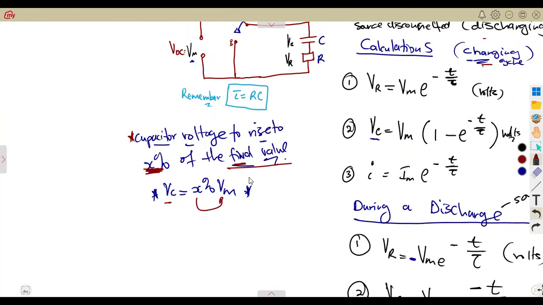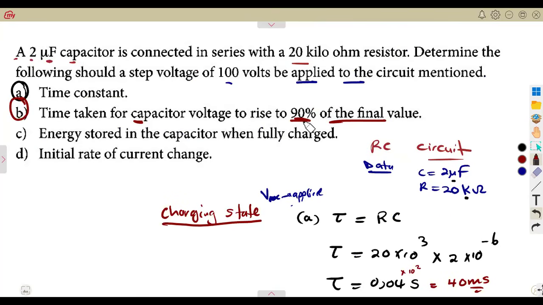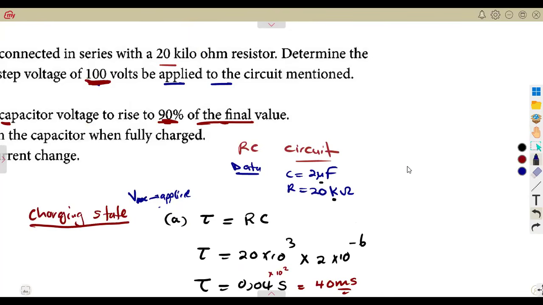At that moment, it is rising to this percentage of the final value, which is the step voltage, the one that is being applied, our VM. That is our maximum voltage that we can have, our VDC, which is given as 100 volts.